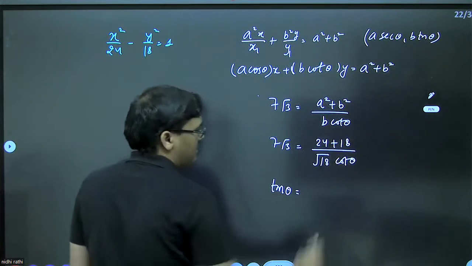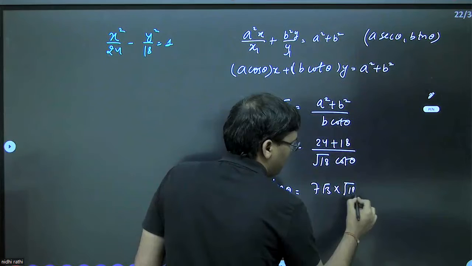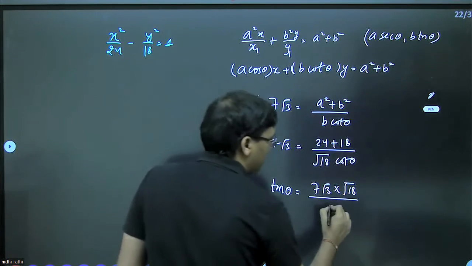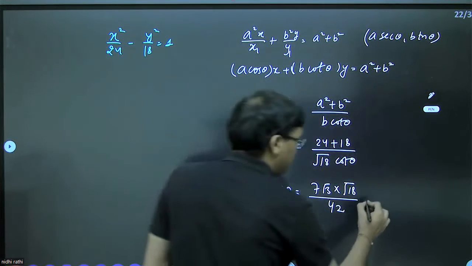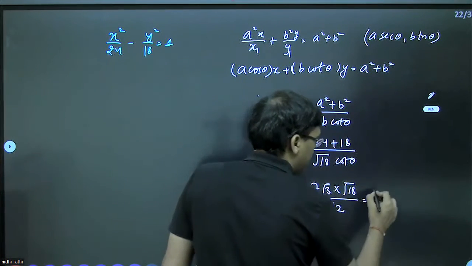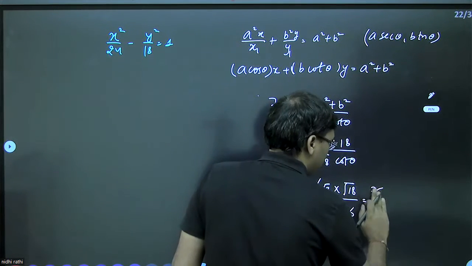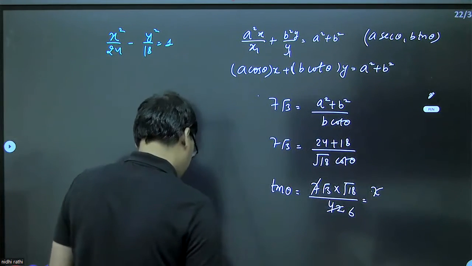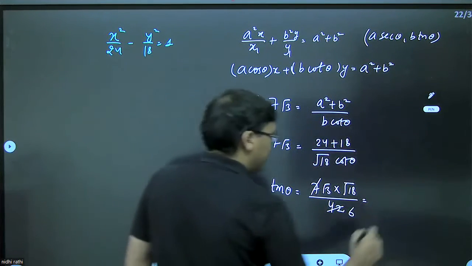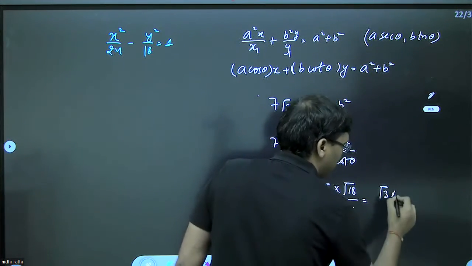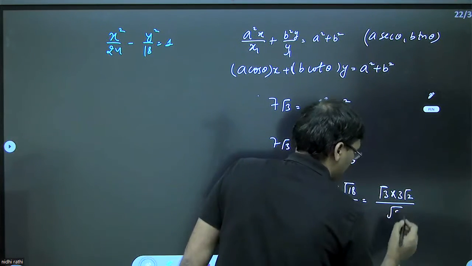If I just arrange this, this is 7 root 3 into root 18 divided by 42. Correct? So I can just simplify this. Just do the calculations. This is root 3 into 3 root 2 divided by 6.